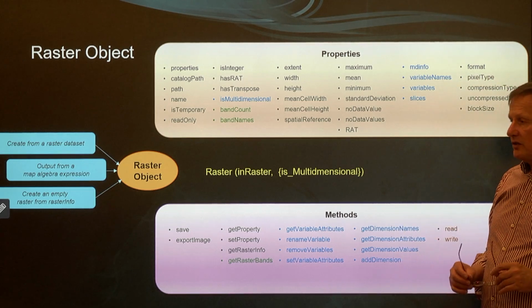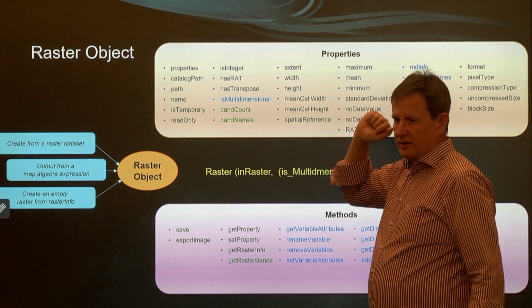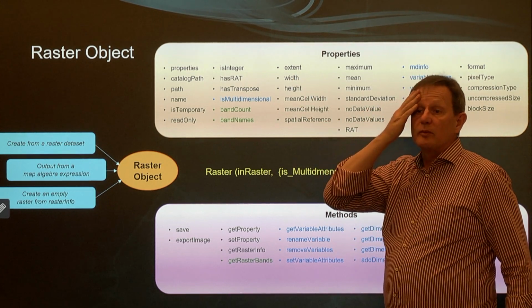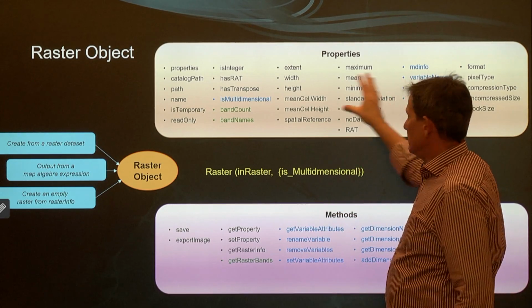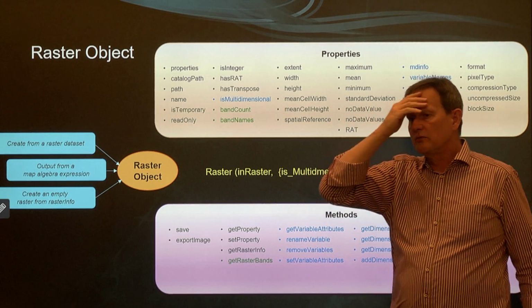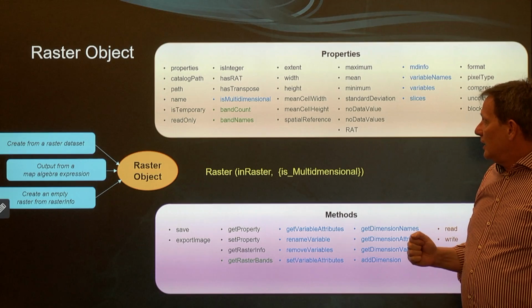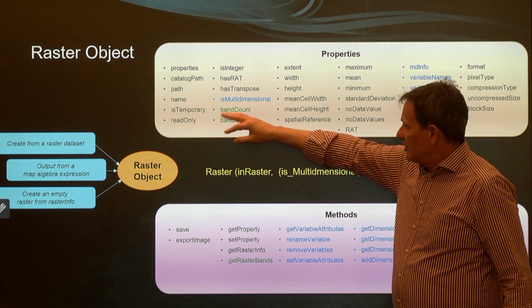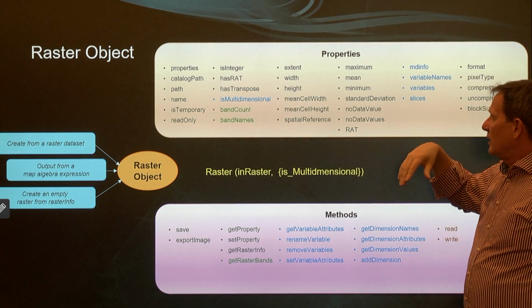The raster object is also a very cool thing to access raster properties. Anything that is a property of a raster, once you've identified the raster object, you can get from it. You can usually get it pretty fast to analyze it and then do things with it. The standard things, yes, I get the name, I get the catalog path, or even multiple catalog paths.